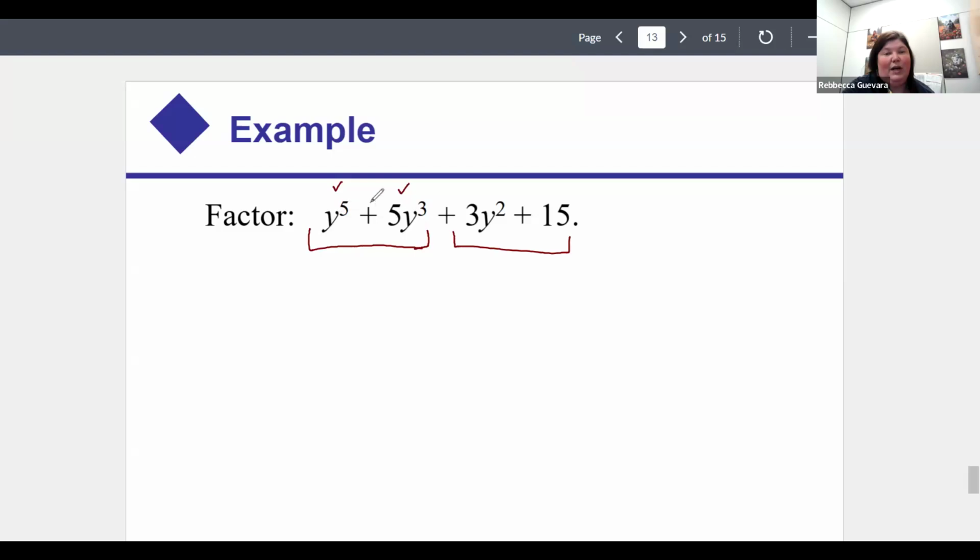I can factor out a y cubed. I'm just going to be left with y squared here, and then just 5 over here. So I grouped these 2 terms and then factored.